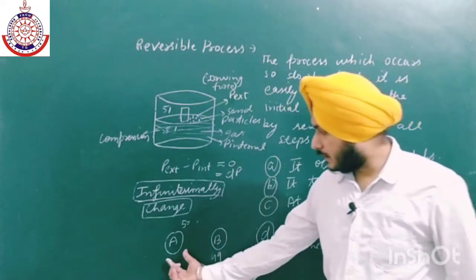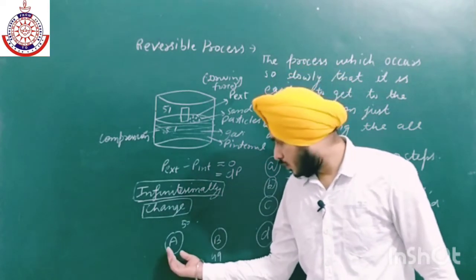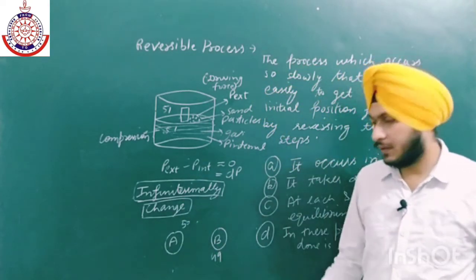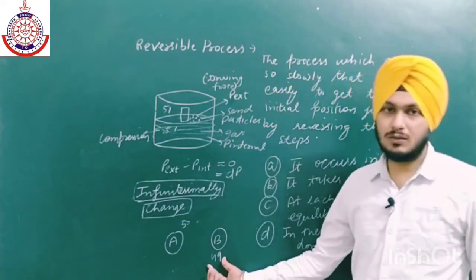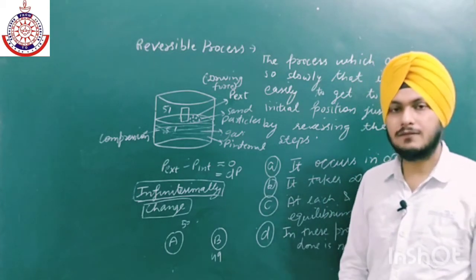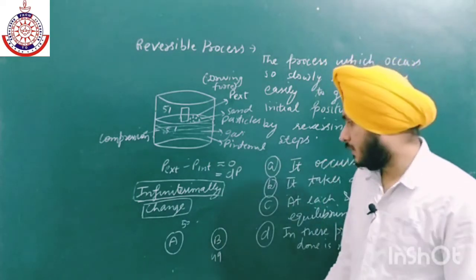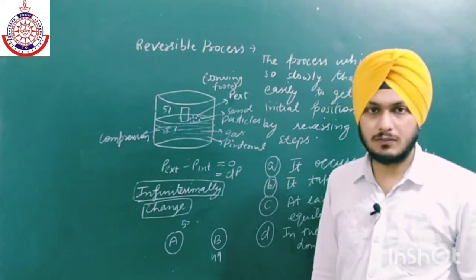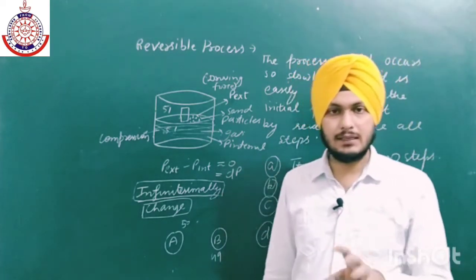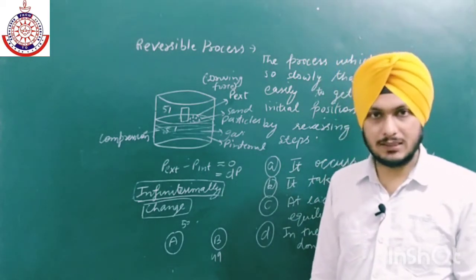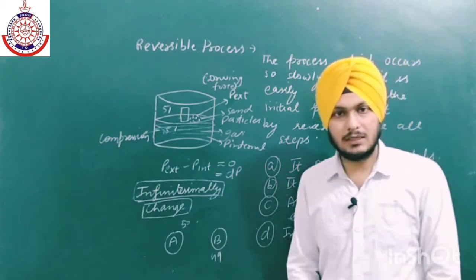Now it is quite tough for A to oppose B because the opposing force is also very high. So we have to do a large amount of work in order to oppose that opposing force.